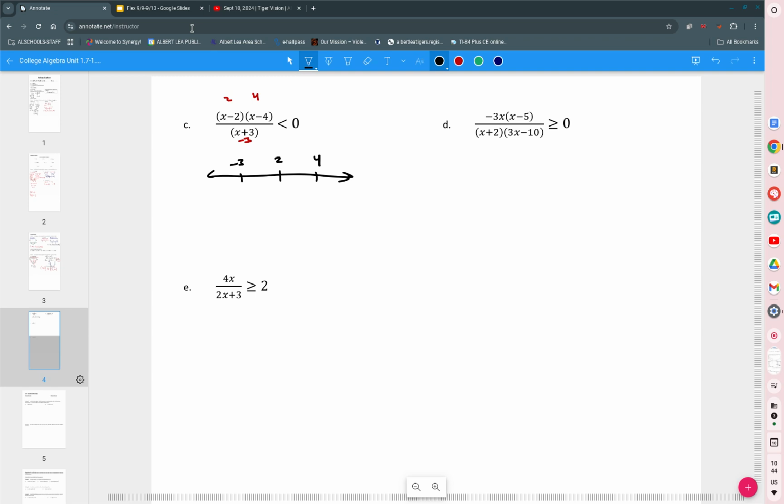I like to organize my work in this situation, and you can do it however you want, but I think the best way to organize my work is to make a chart. The chart has columns and it has rows. The number of columns is 1 more than the numbers you plot up top. So see how I have 3 numbers? That means I'm going to have 4 columns.